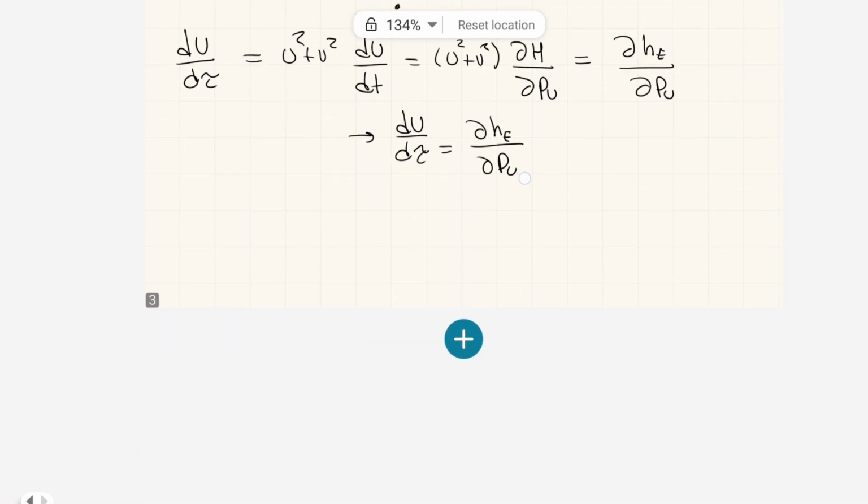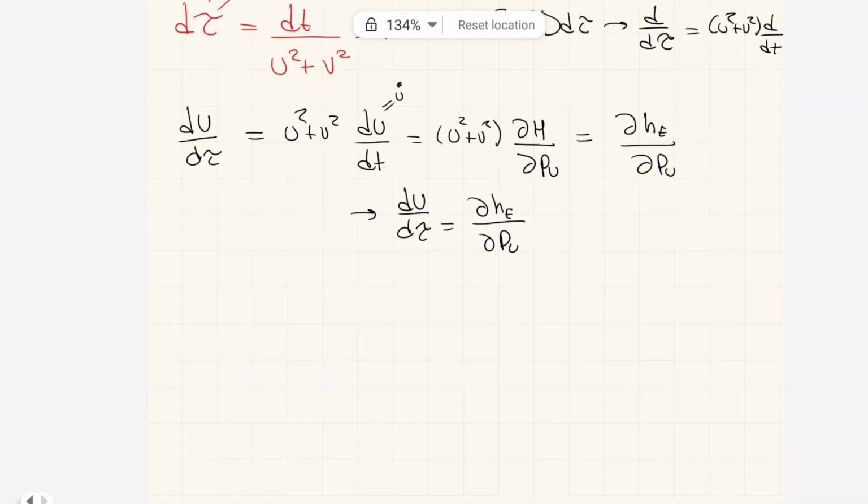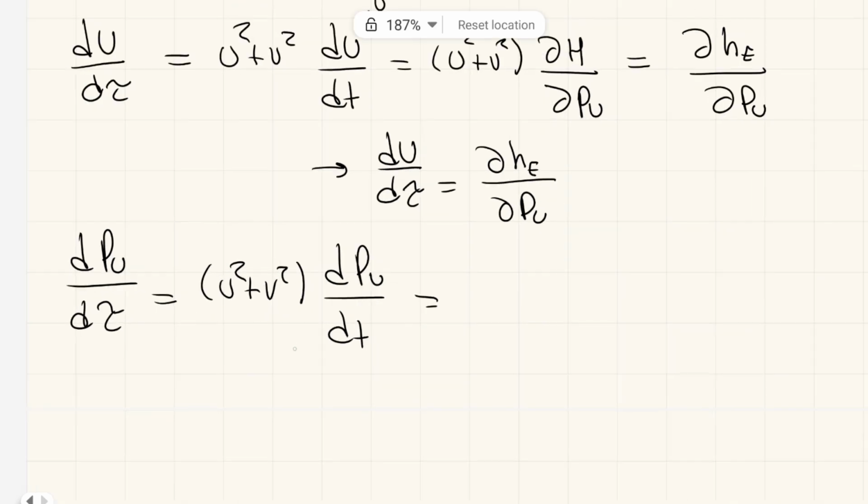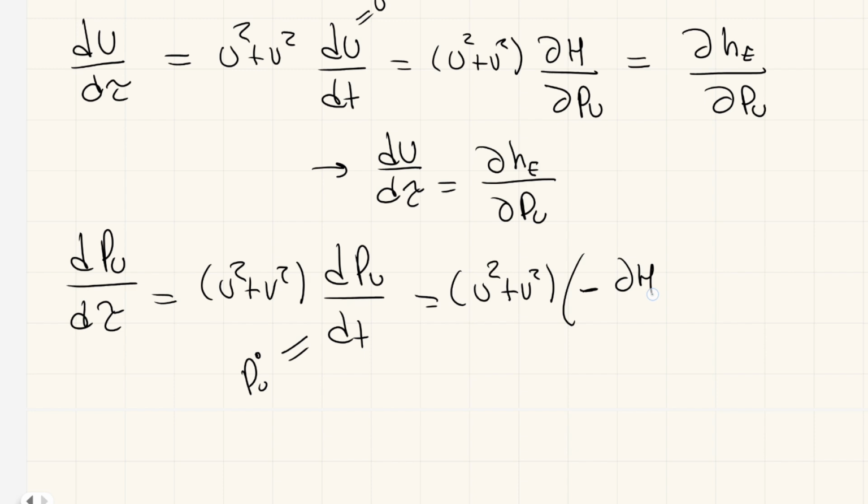Perfect. If we do the same process, but now with pu, let's take the derivative with respect to tau. This will be equal to (u² + b²) times the derivative of pu with respect to time. Using the Hamilton equations, looking that this is pu dot, this can be seen as (u² + b²) times minus the partial of h with respect to u.